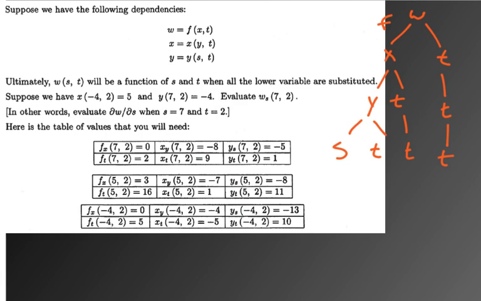So the first thing I just want you to see, since we want w with respect to s, okay? This is going to be, just generally speaking, f with respect to x, times x with respect to y, times y with respect to s. We never deal with the partial of w with respect to t.